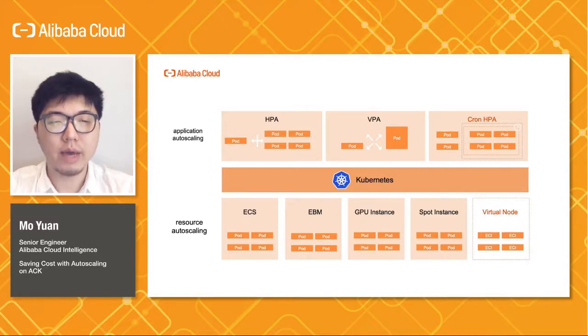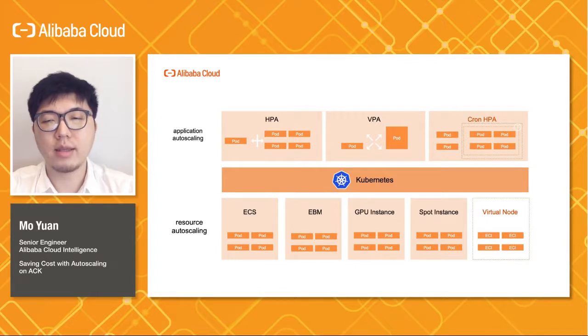And we also have a unique resource outscaling method called virtual node. You can regard virtual node as a giant node with unlimited resources. When a pod is scheduled to the virtual node, it will finally be created as a serverless pod without any node.